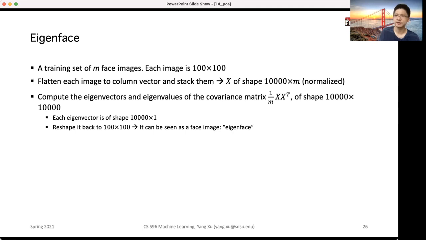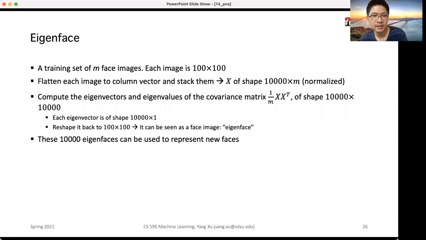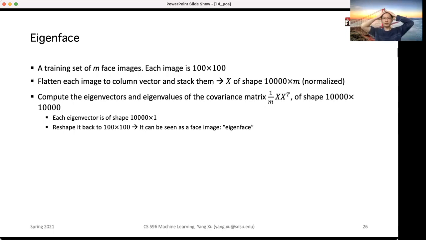That's the so-called eigenface, and it will be used as the basis for face comparisons, because given any new face, we can project that new face onto the selected eigenfaces, and the projected face can be the basis to tell whether the new face is from a known person or from an outside member, for example. So it's very useful in image recognition, in face recognition tasks.